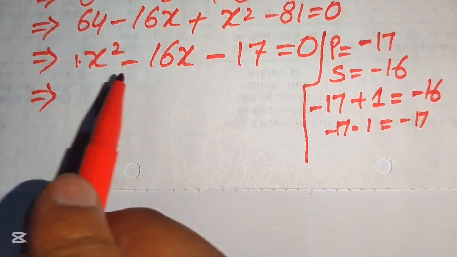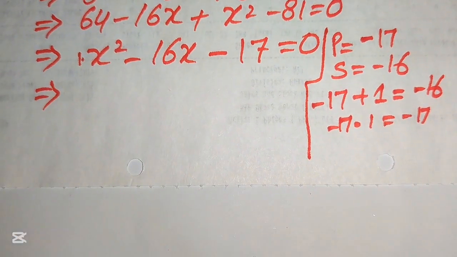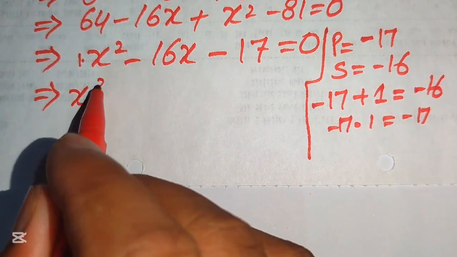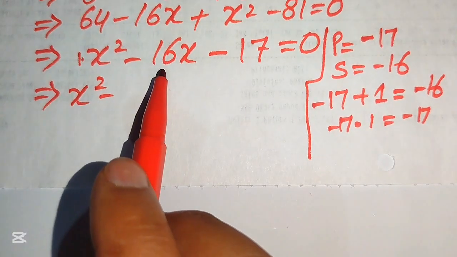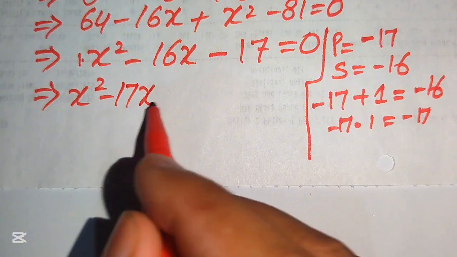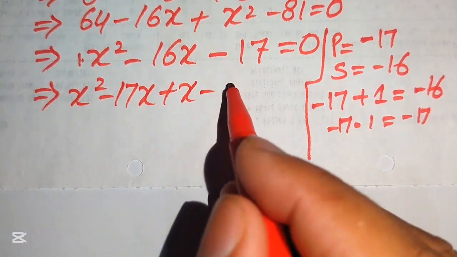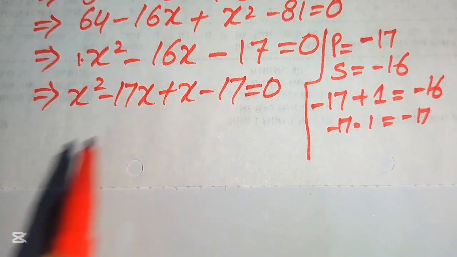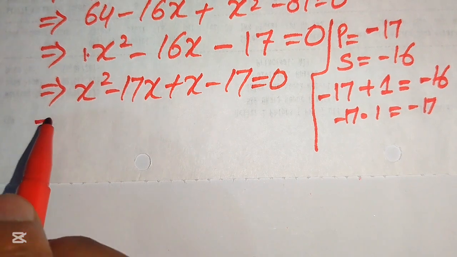So here we break this minus 16x, so it will be written as x square minus 17x plus x minus 17, and this whole equation equals to 0.